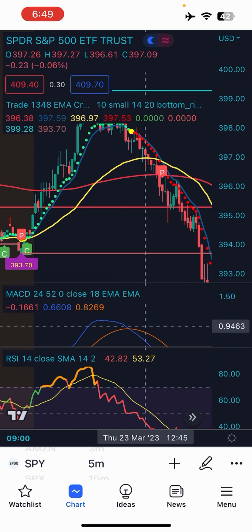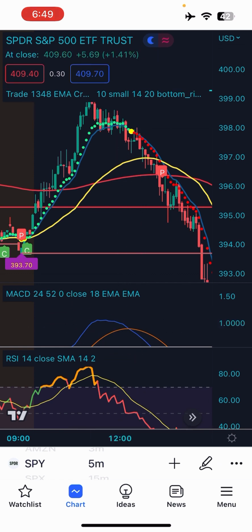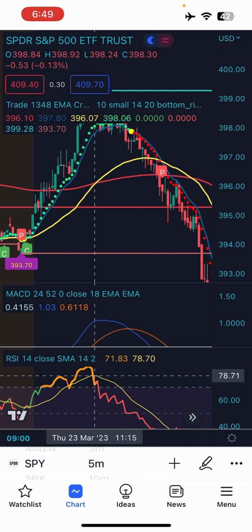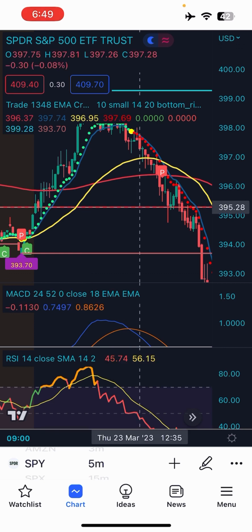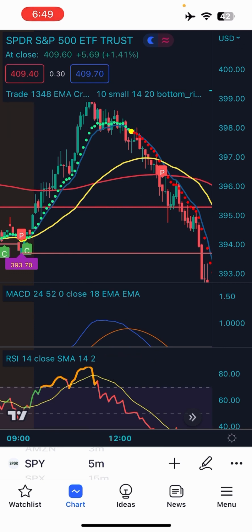It crossed over, the blue line goes below the orange line, and you can see the RSI right here going below that yellow line. So what that means is you're probably going to have a rebound.